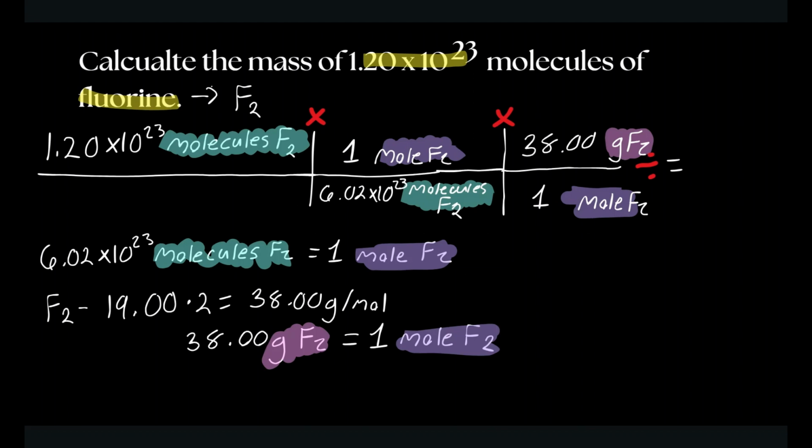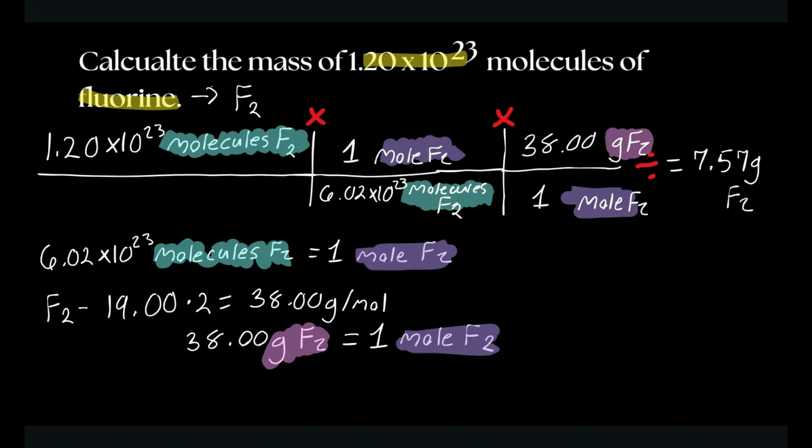So we are going to end up with our 1.20 times 10 to the 23rd times 38.00, all divided by the 6.02 times 10 to the 23rd. And this is going to give us our mass of the fluorine, which will be 7.57 grams of F2.